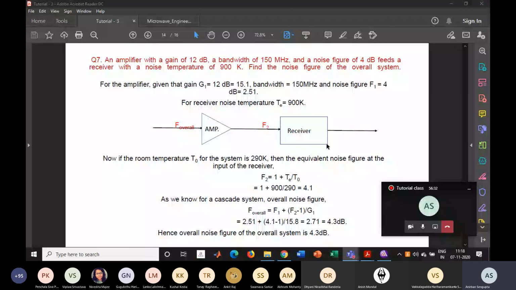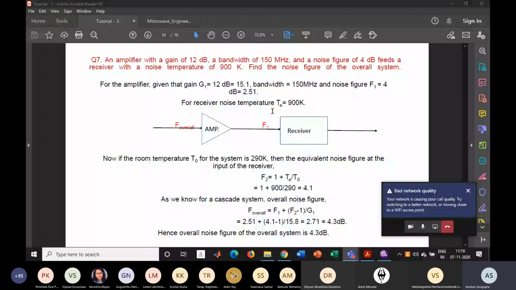And for a cascading system, the overall noise figure equation is: if the first stage has noise figure f1 and gain g, then f1 plus (f2 minus 1) by g is the overall noise figure of the system. We know f1 is 4 dB, which is 2.51, and f2 we found from the equation as 4.1, and g is 15.1.